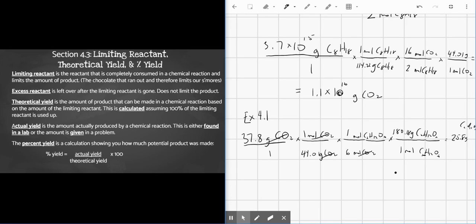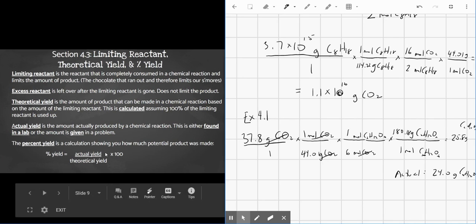So the plant, let's pretend, actually made 24.0 grams. So they would have to tell you the actual was 24.0 grams. And I just made that number up of glucose. Okay. Then from the theoretical that we calculated and the actual, we can calculate the percent yield by taking the actual over the theoretical and multiplying it by 100.